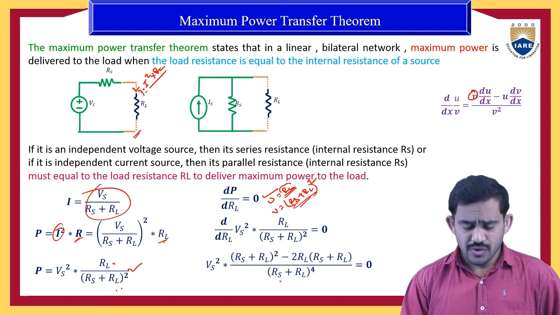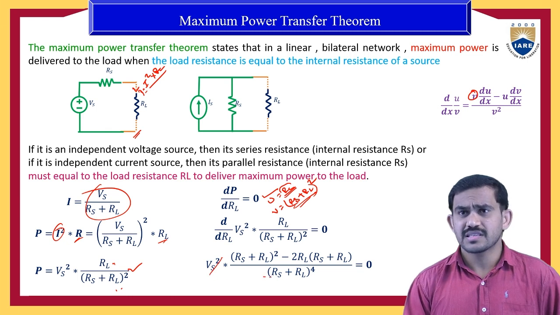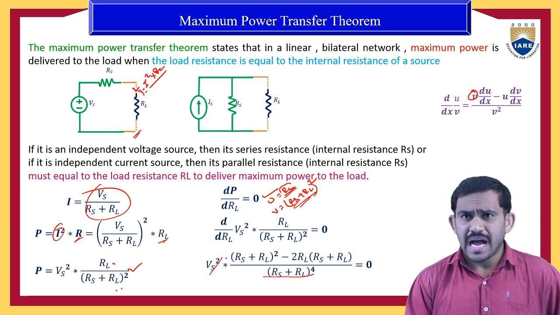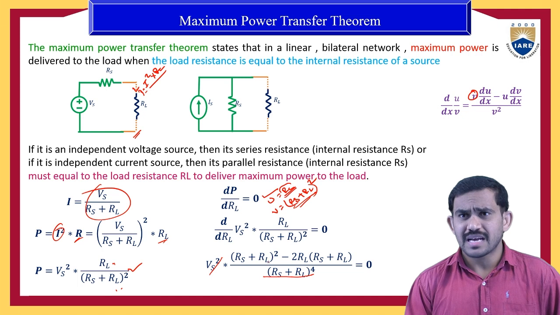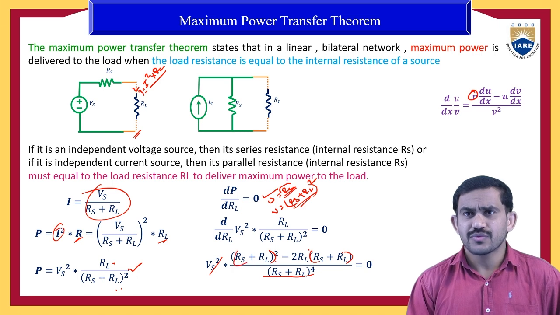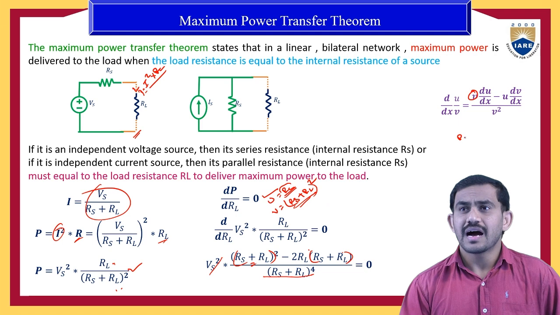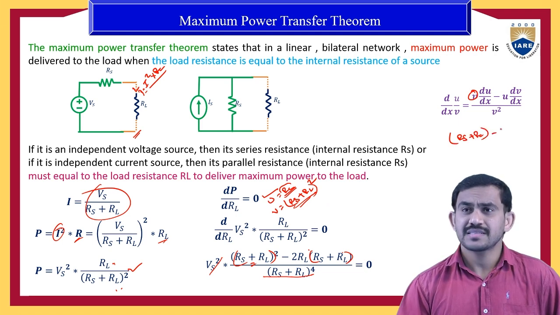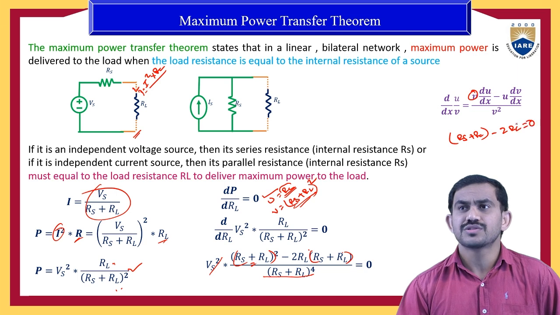Solve this equation. We get Vs term as 0 and this is also 0. Then take 2 Rs plus RL common. Rs plus RL is there in both, so one factor of Rs plus RL cancels. We get Rs plus RL minus 2 RL equals 0.